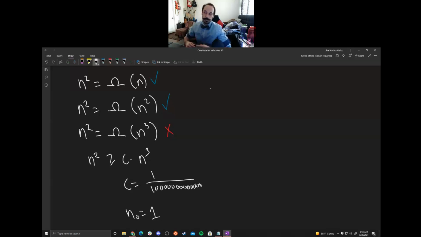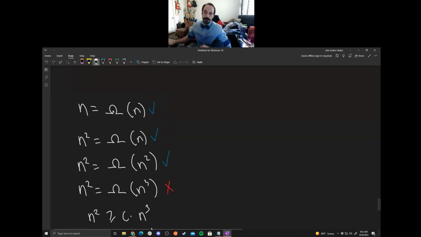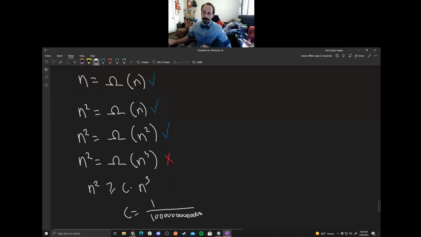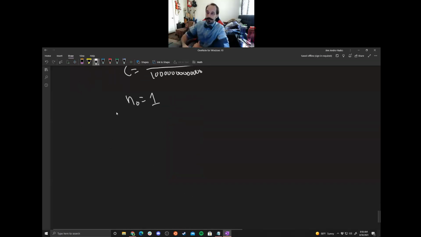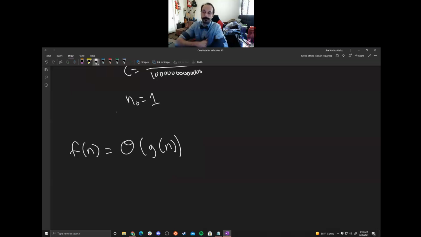So that's a lower bound measurement, and I'm not going to discuss omegas too often. We're going to focus mostly on big O in this class, but I just wanted to talk about that. Then the last one is going to be theta. So we have f of n equals theta of g of n.